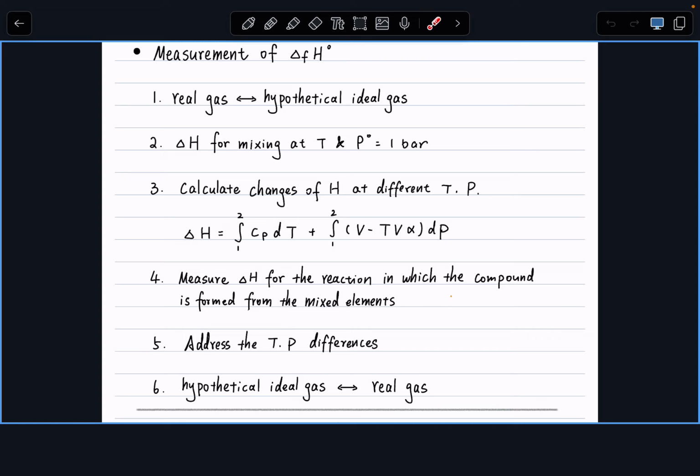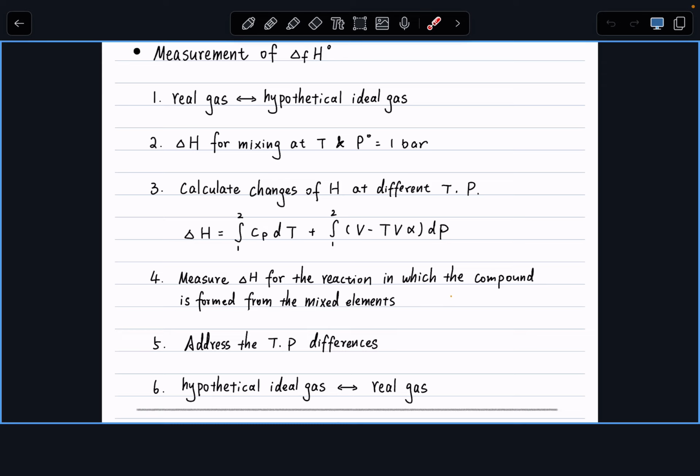So we want to measure delta H naught of formation, say, of a real gas. But we also know that the standard state of a compound or a gas is an ideal gas. So there are several different steps we need to take.